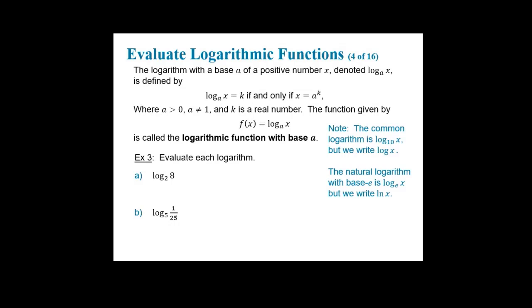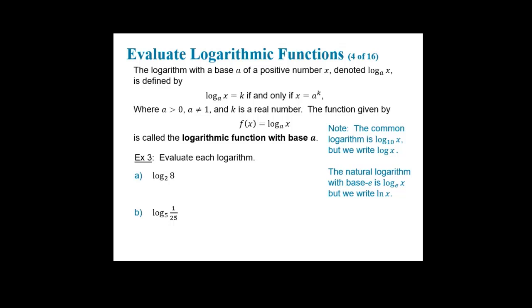So a couple of notes. The common logarithm is log base 10, but we just write log of x. But it is log base 10 of x. We just write it log of x. The natural logarithm has a base e. So it's log base e of x.